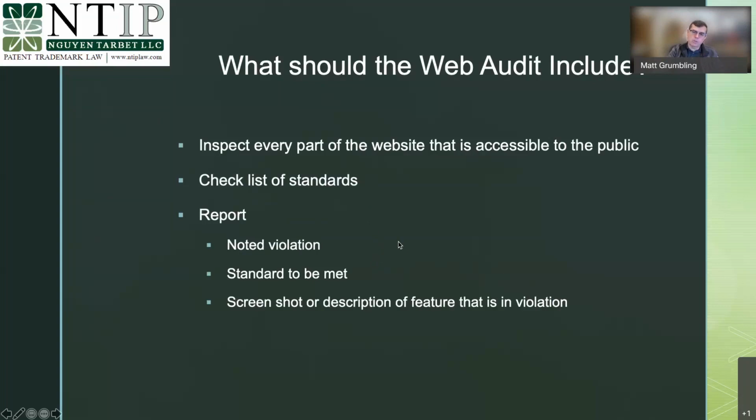So this is, in a very real sense, almost like walking into your store and trying to wheel the wheelchair around. Here, for the most part, they're probably going to be trying to get around your website using one of the many available web readers and applying that technology. You're going to want to make sure that your website can be accessed.